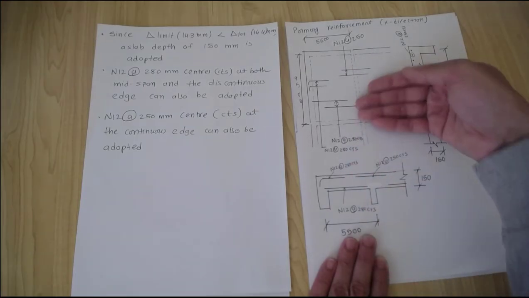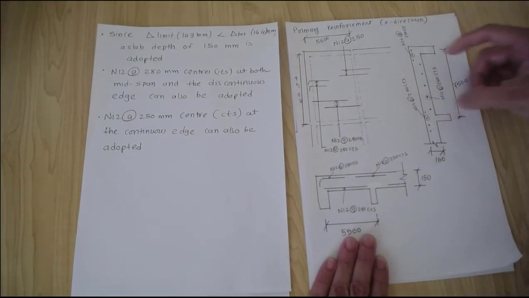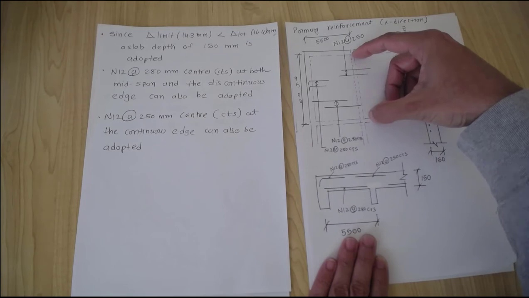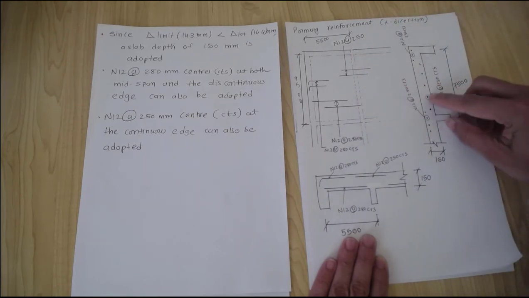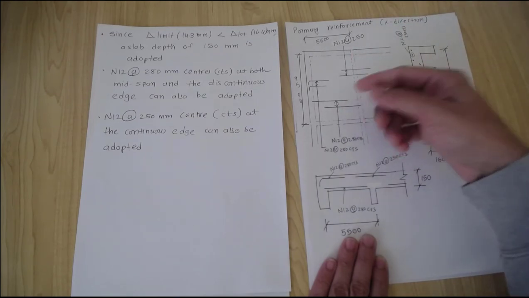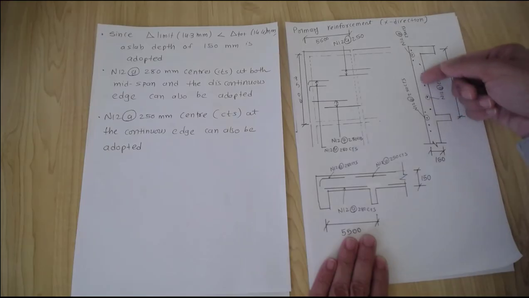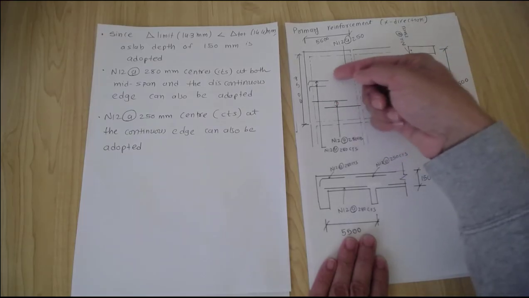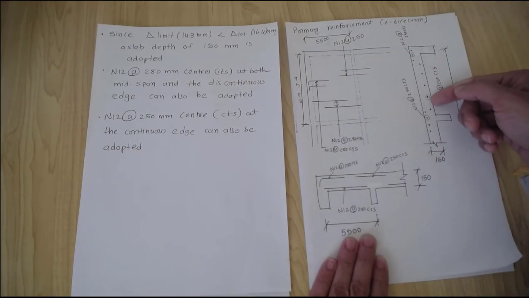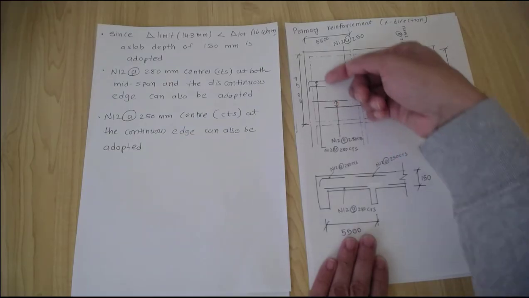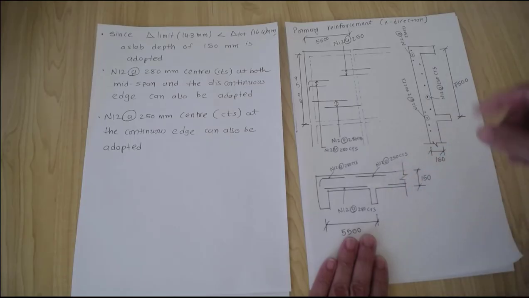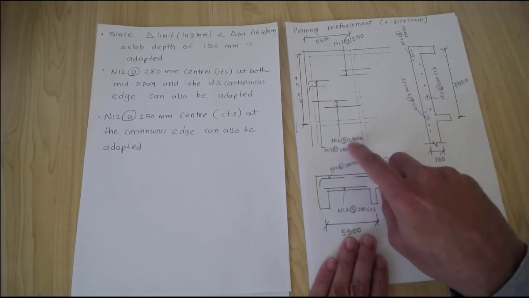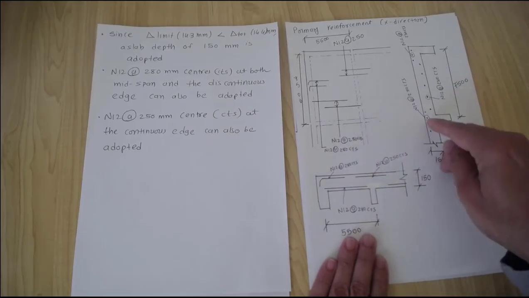When I look from this side, I would have this beam 7.5 meters, 7.5 meters, and I have a reinforcement which I'm looking for, the midspan one. I did not draw all this midspan one, but if I look from here, I would have this reinforcement here, and that will continue along the span, and that is N12 at 280 center to center distance, exactly written here.